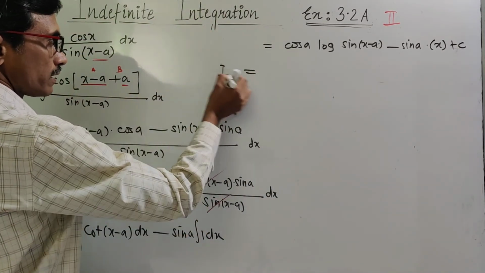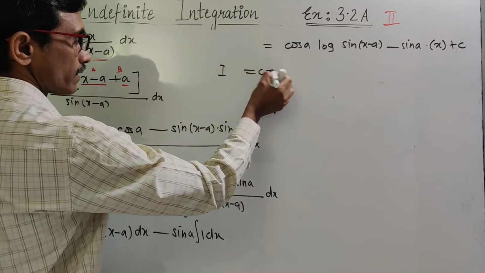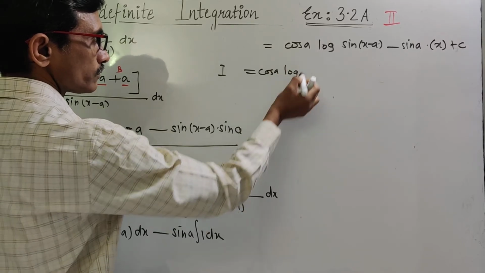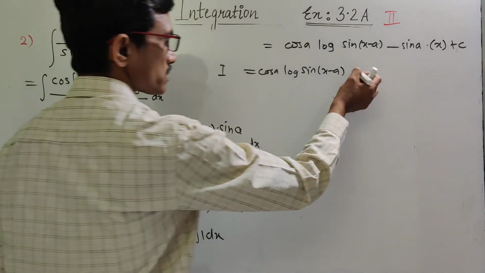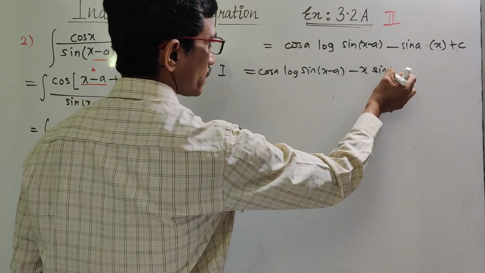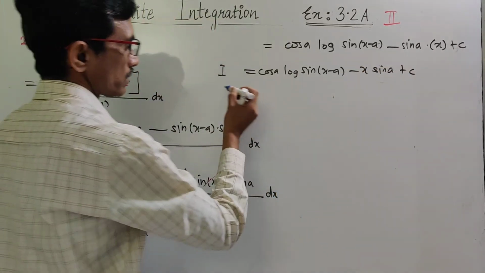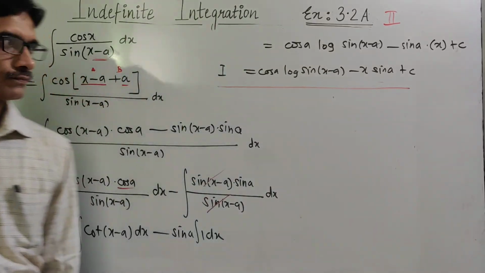Integral I is equal to cos of a into log of sin of (x minus a) minus x into sin a plus c is the answer.